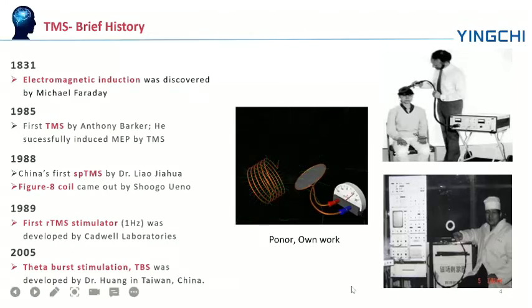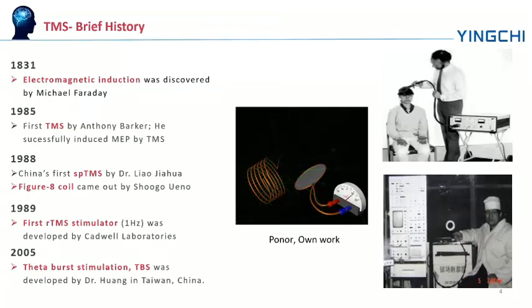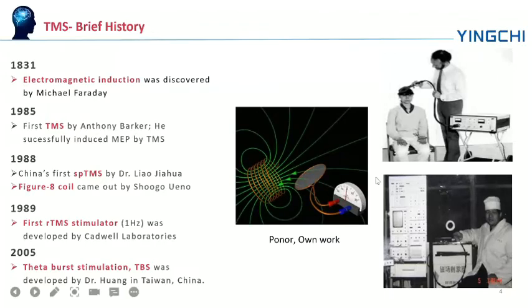And in 1989, the first rTMS stimulator was developed by Cadwell. And for now, the rTMS stimulator can reach 100 Hertz. And in 2005, theta burst stimulation, TBS, was developed by Dr. Huang in Taiwan, China. This TBS is an optimized rTMS pattern, and it is also approved by FDA.